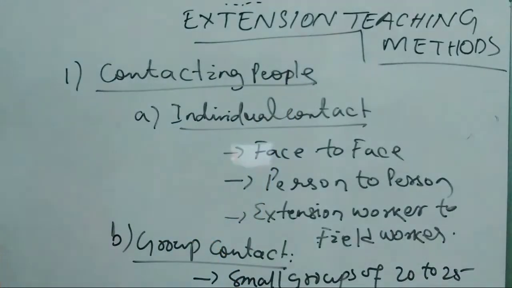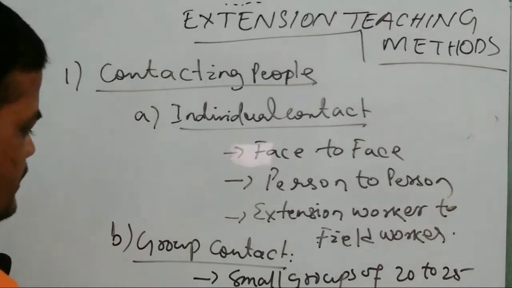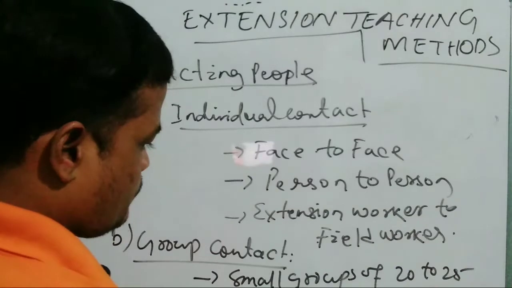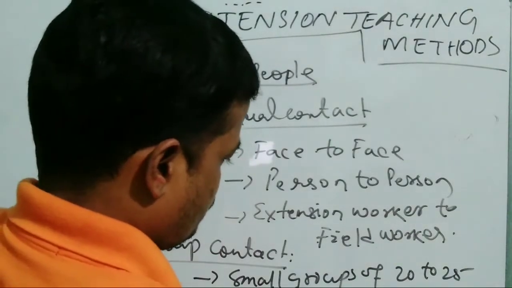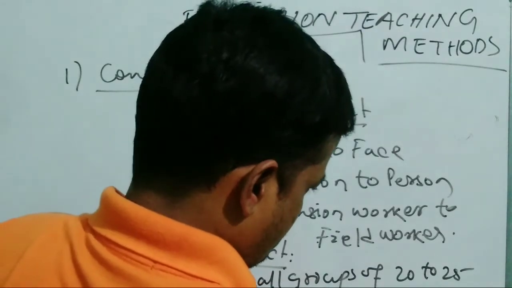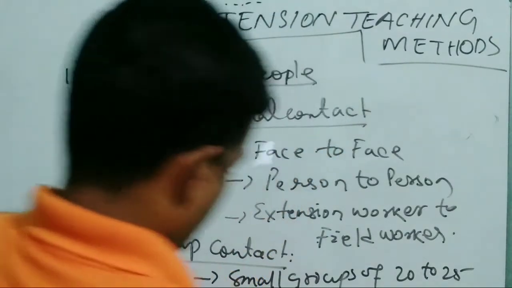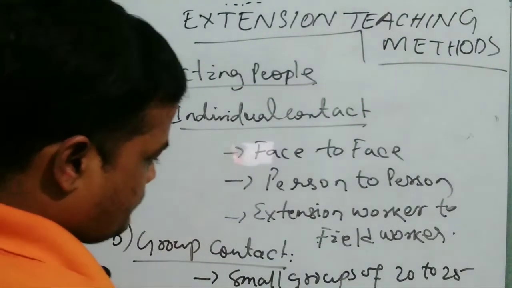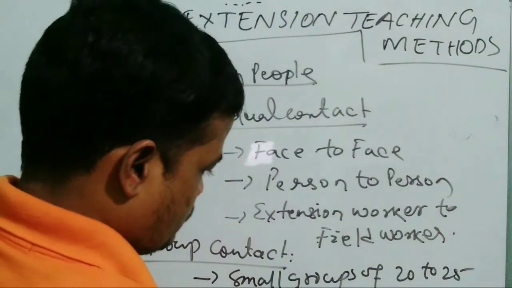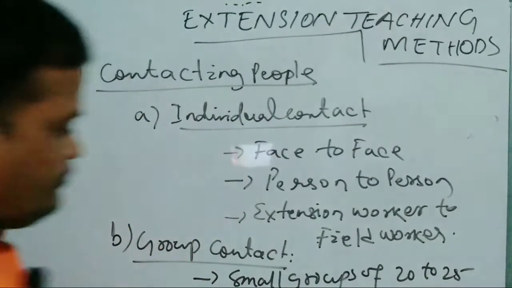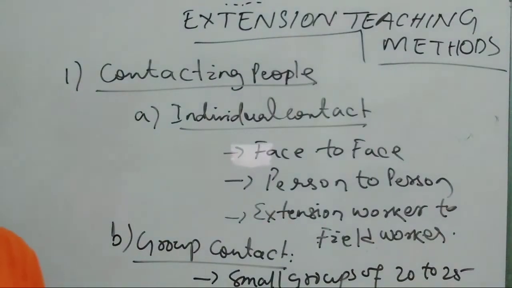Twenty to twenty-five people make a group. There is an exchange of ideas, and discussion is made among the workers, or the people.